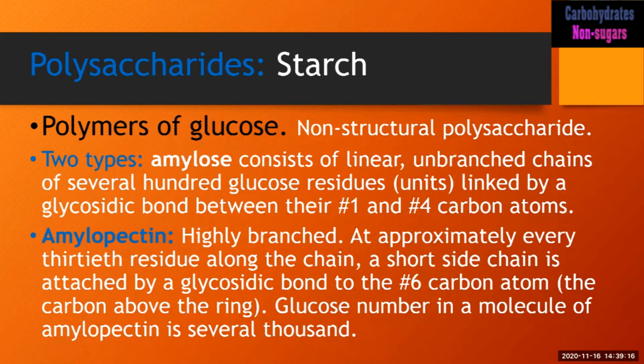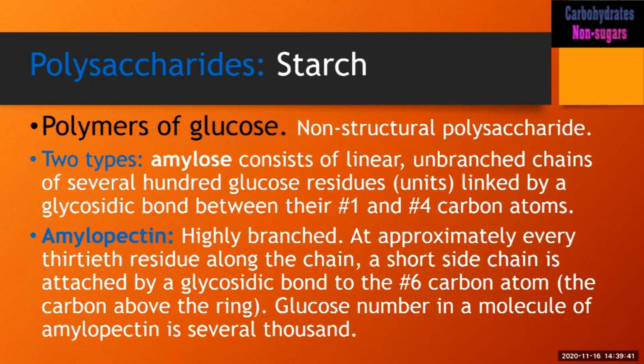Amylose is made up of a linear chain of several hundred glucose residues, so it is a linear, unbranched structure. Here the glucose molecules are linked together through alpha-1,4 glycosidic bonds. Then comes amylopectin, which is a branched structure.